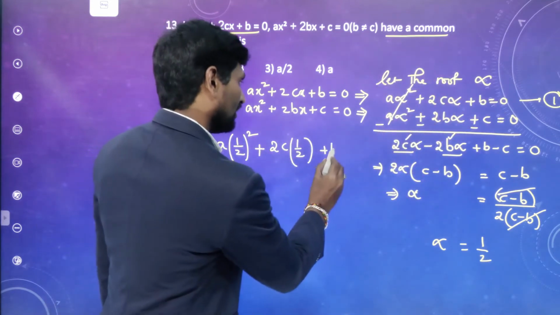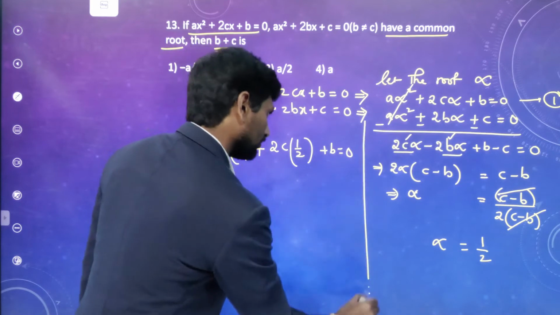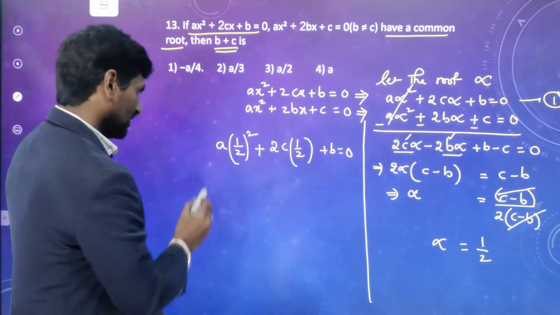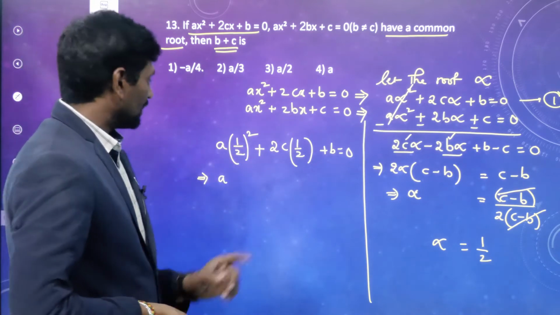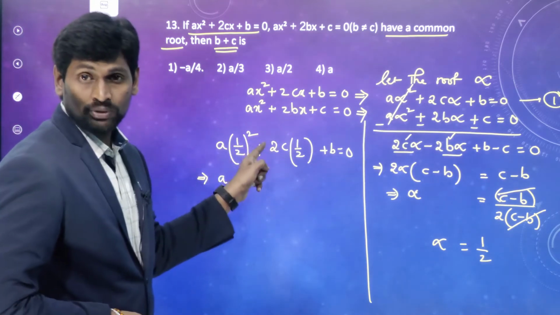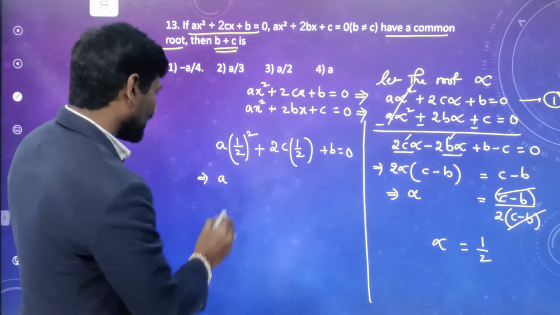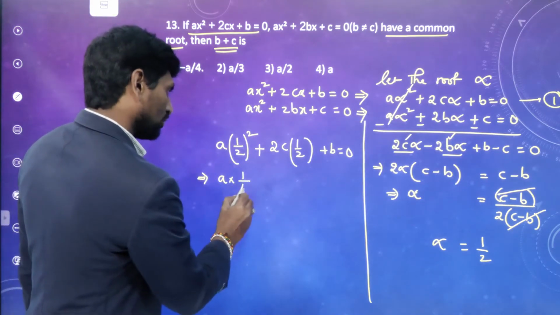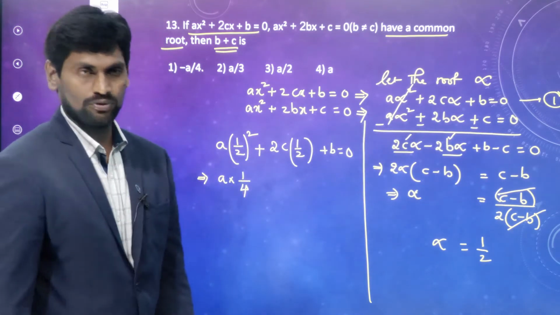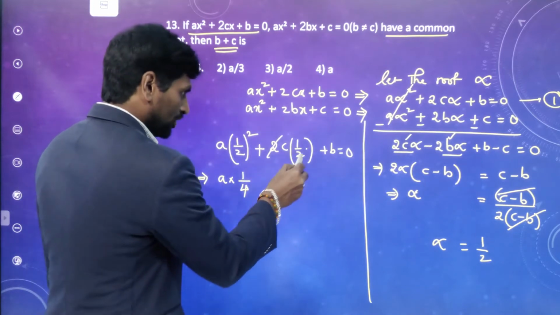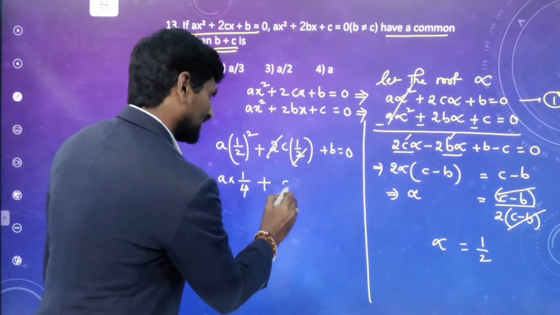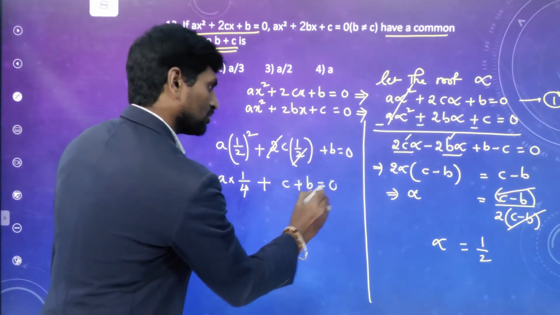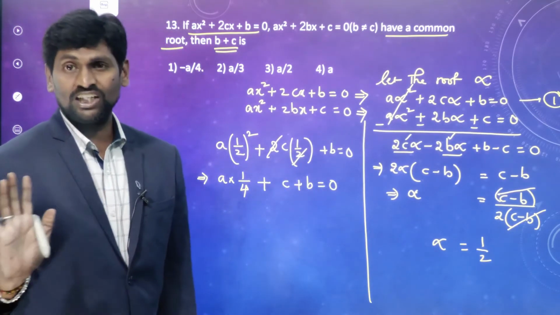Now just apply 1 by 2 whole square. The square should be applied to both the numerator and denominator. 1 square is 1 and 2 square is 4, so 1 by 4. And here numerator 2 and denominator 2 cancel. c into 1, c plus b equals to 0. But what is the value we want?